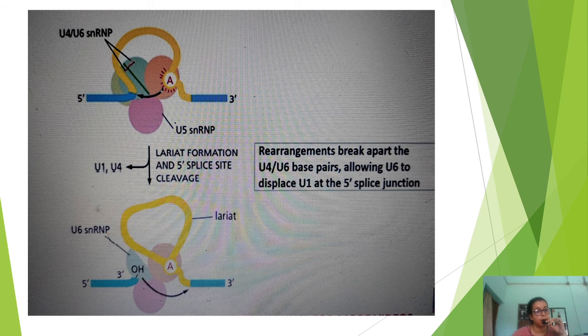You can see here that by this time all four are bound. After the U4 and U6 binding, U1 and U4 are removed. So there is a rearrangement: the U4 and U6 base pair breaks apart, and U6 displaces U1 at the 5' splice zone.